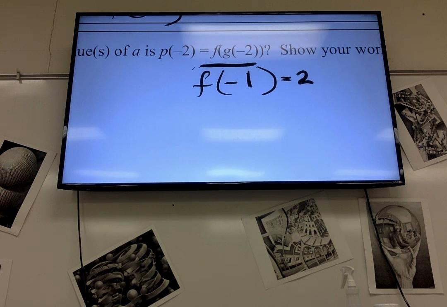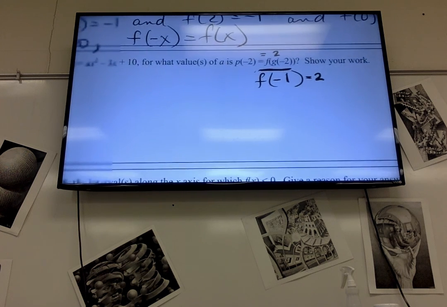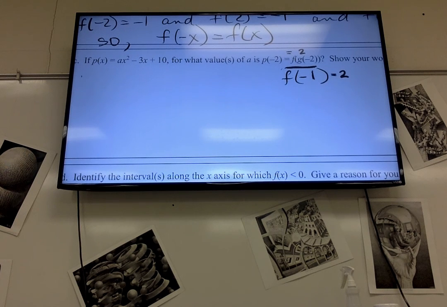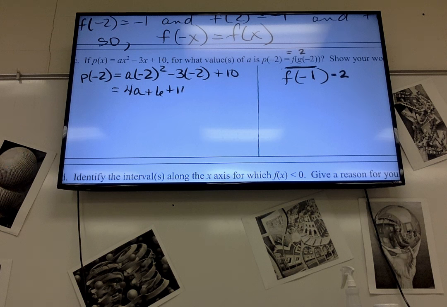So I want to find the value of a so that p of -2 is equal to 2, because that's what f of g of -2 is. So let's find p of -2. So it's a times -2 squared minus 3 times -2 plus 10. So that's 4a plus 6 plus 10.